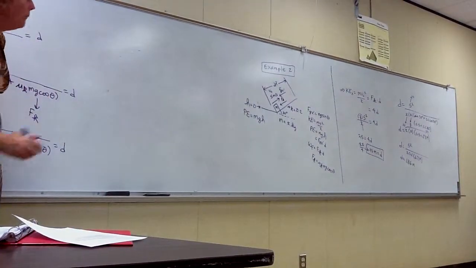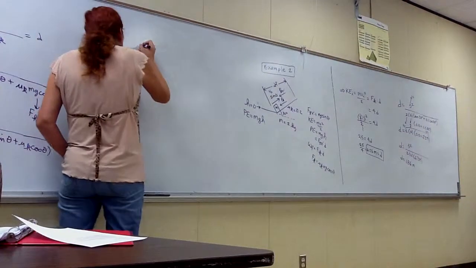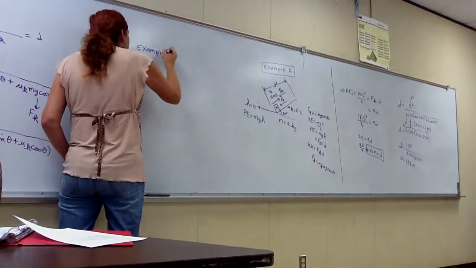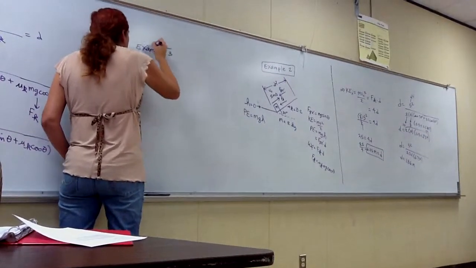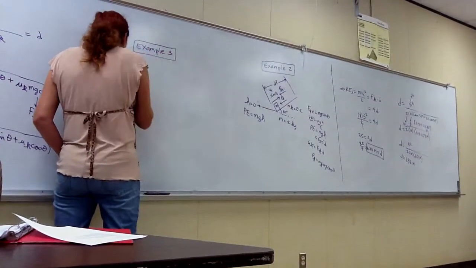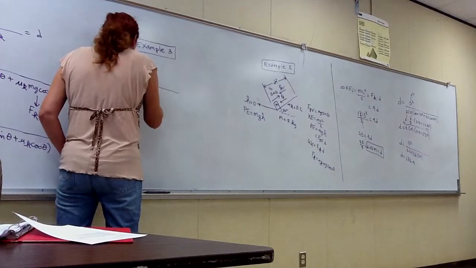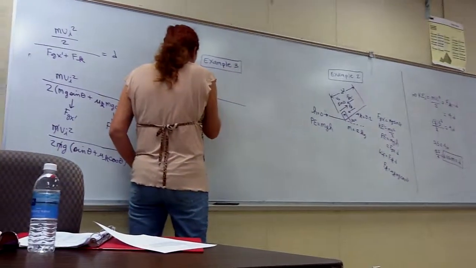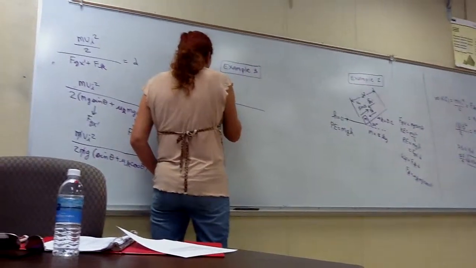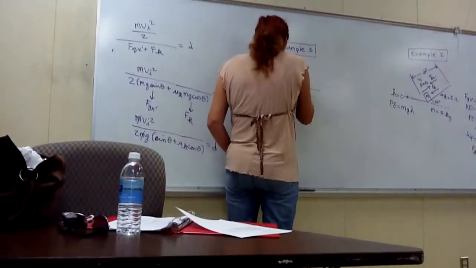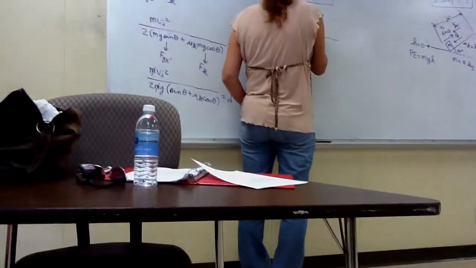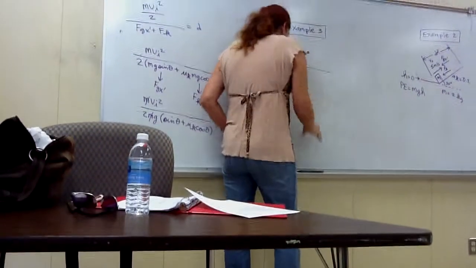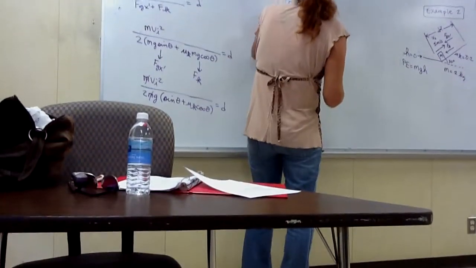So a third example, it's similar to one that we've done before, but it has an important difference as well. So we have an applied force. It's applied. We have an acceleration.